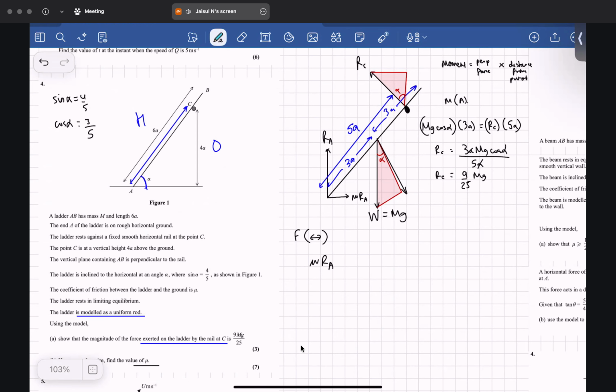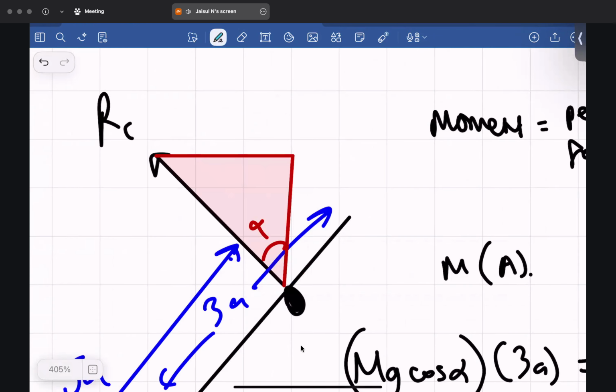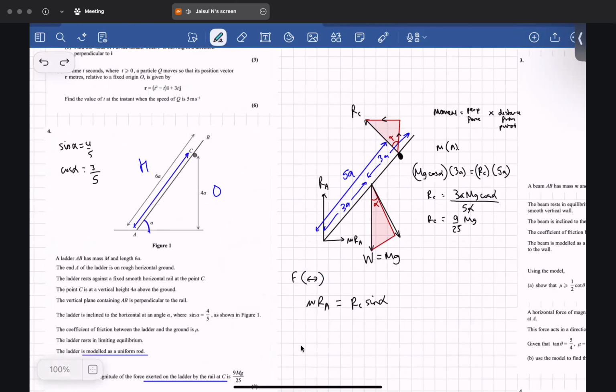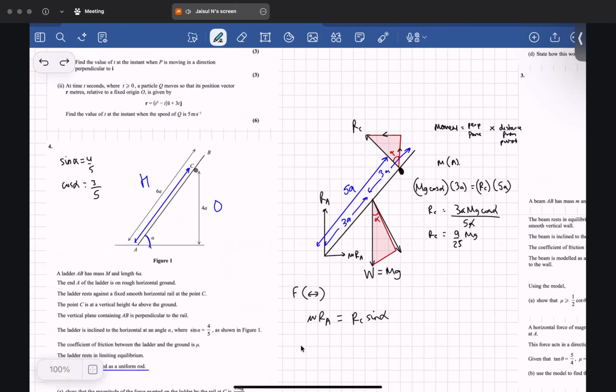And then to the left, I have RC sine alpha. RC has two components, so I need the one going to the left. RC is going diagonal in this direction, so that's going to be opposite. So it's RC sine alpha.